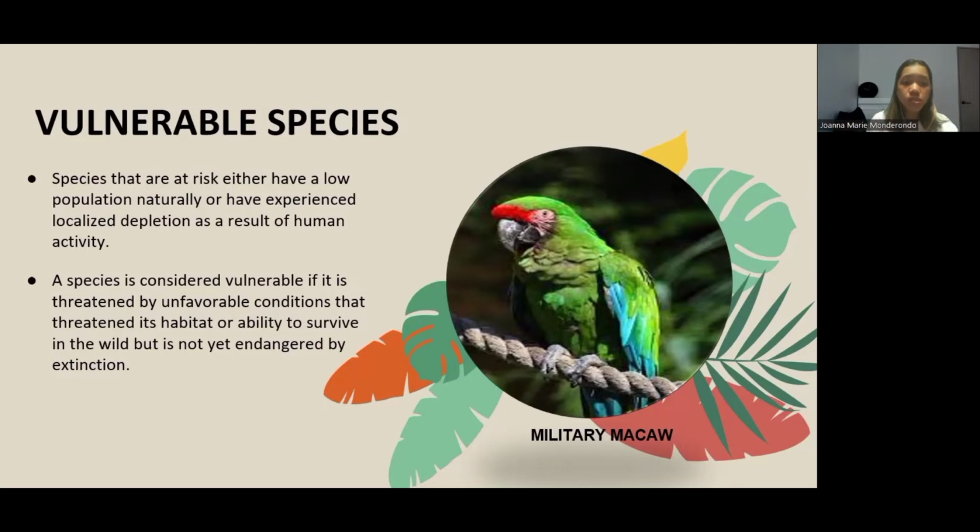So vulnerable species are those that have experienced loss because of human activity, maybe they were killed or hunted, or they naturally have a small population. For example, the military macaw. These species are considered vulnerable because they are threatened by unfavorable conditions, such as the depletion of their population due to human activity.